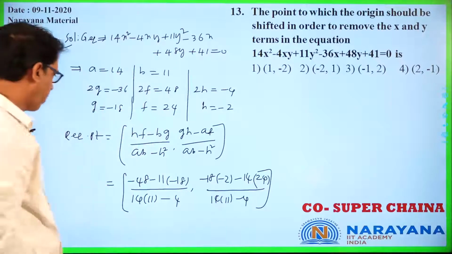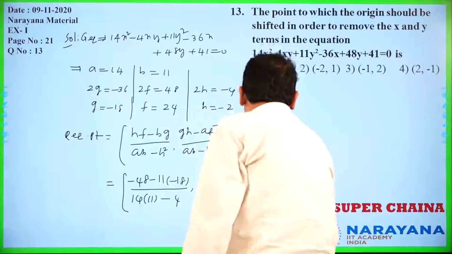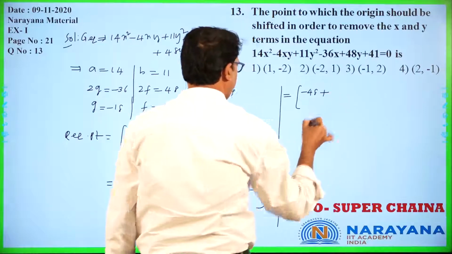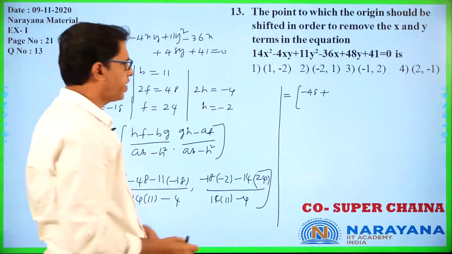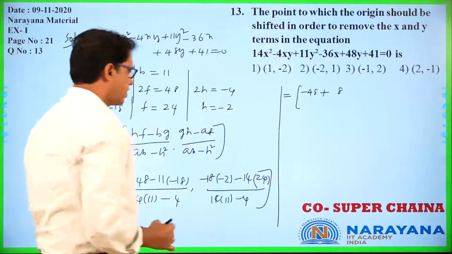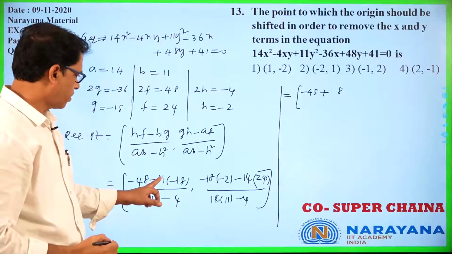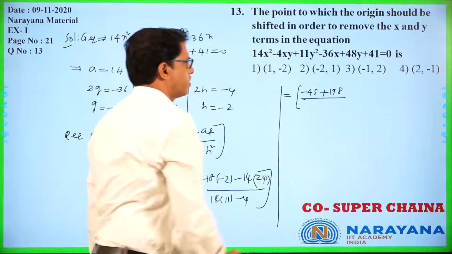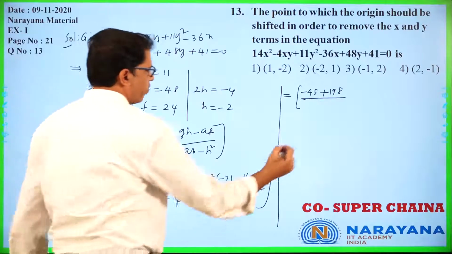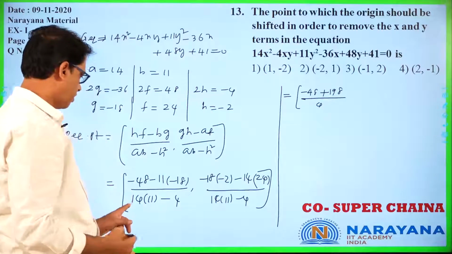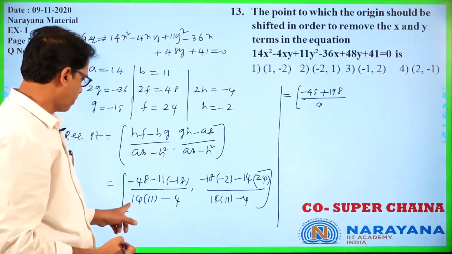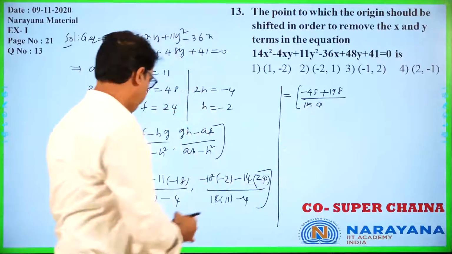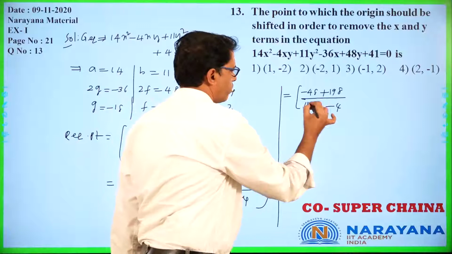Now simplification. That equals minus 48 plus 11 into 18: 11 8s are 88, 11 1s are 11, plus, that is 198. So 11 4s are 44, 11 1s are 11, so this will be 154 minus 4.